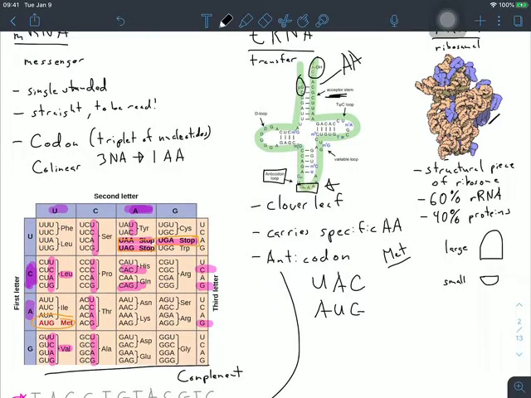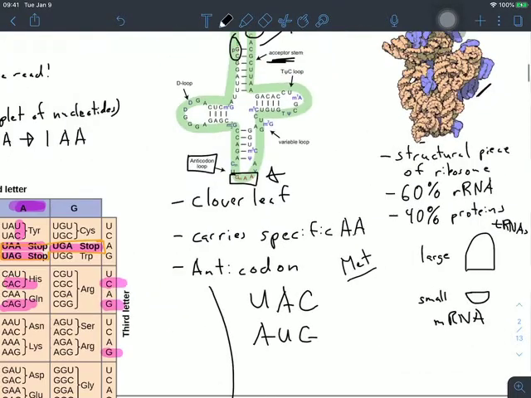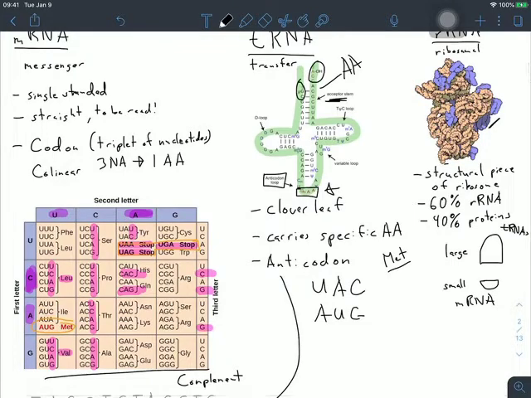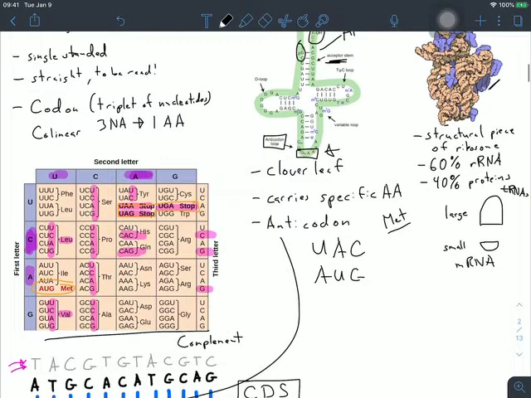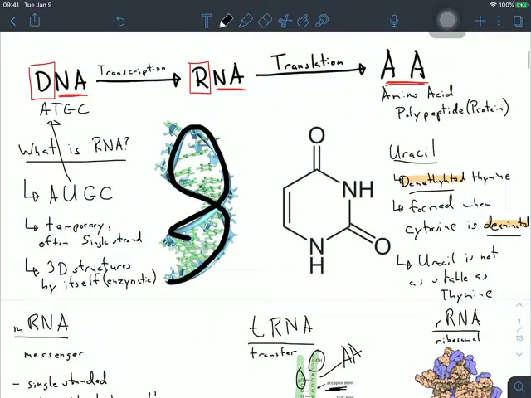The small subunit is going to be interacting with our mRNA in large part, and the large subunit is going to be interacting with our tRNAs. Perhaps slightly oversimplified, but it allows us to better keep track of things when we move into translation. So with our three different RNAs covered, we now can actually get to that process that we began with by talking about transcription.